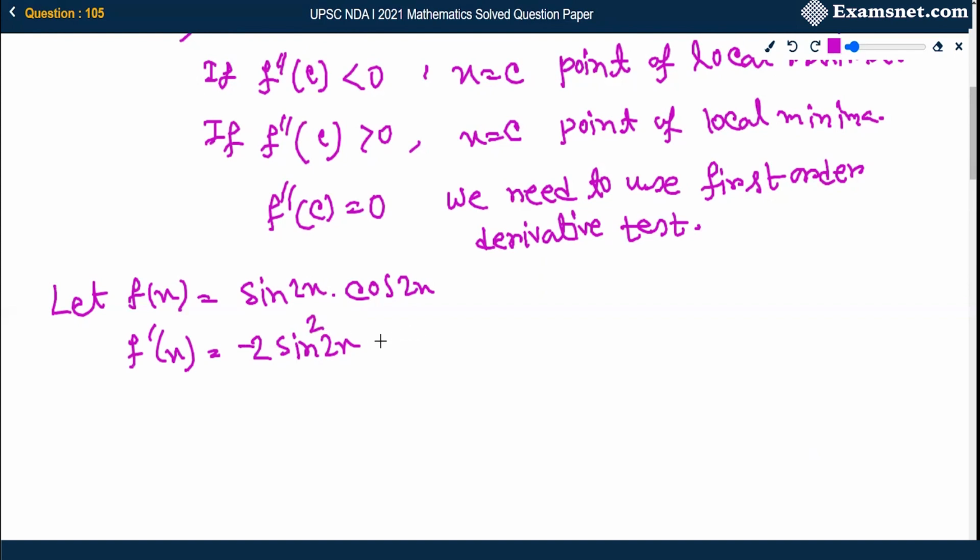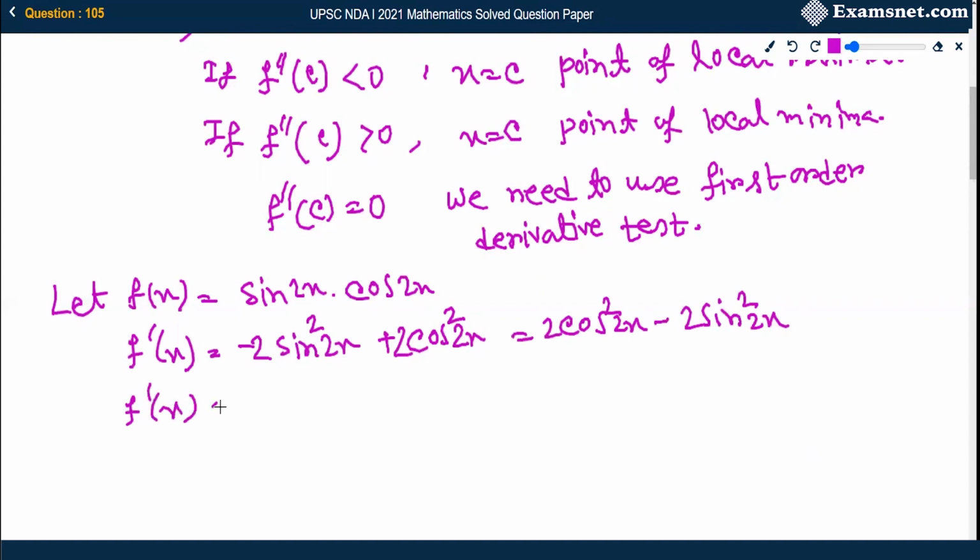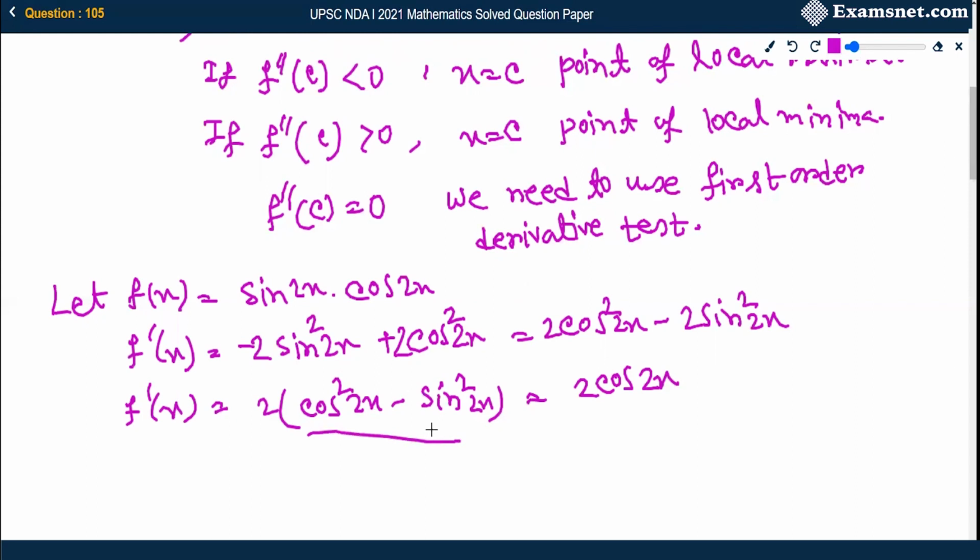Then keeping cos 2x as constant, differentiating sine 2x gives 2 cos 2x, so it becomes 2 cos squared 2x. So f dash x equals 2 cos squared 2x minus 2 sine squared 2x, which is 2 times (cos squared 2x minus sine squared 2x).